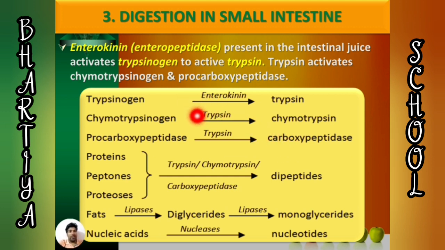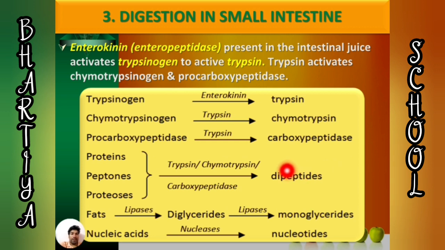So here all the three enzymes come into their active forms, and the proteins, peptones and proteoses are digested into dipeptide forms by these three enzymes: trypsin, chymotrypsin, and carboxypeptidase. These are the enzymes which take part in protein digestion, and complex proteins are digested into simpler forms, that is dipeptides.